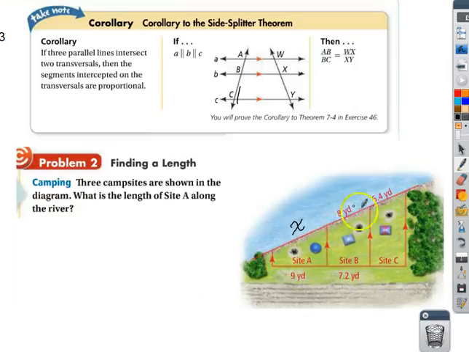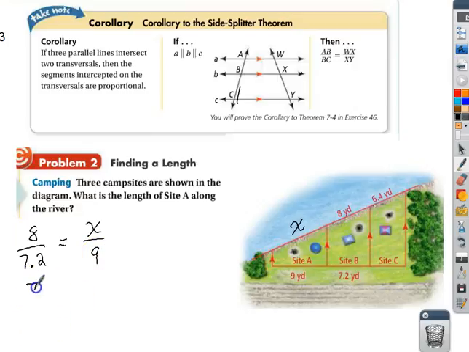And that's this right here. So 8 over 7.2 is going to be one part of my proportion. And then now I want to use the other information that goes with the variable I'm trying to solve for, x over 9. So I did riverside over campside side and riverside over land side.